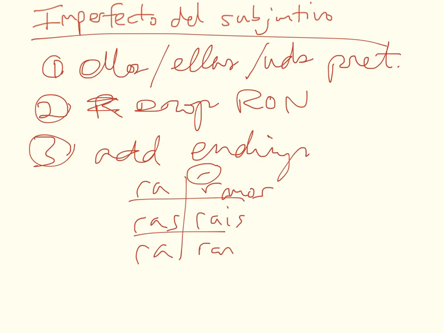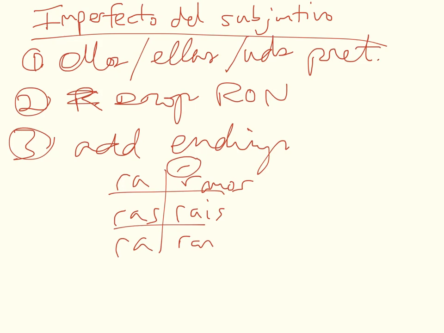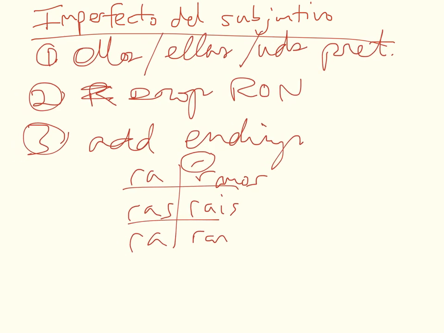Now, if we want to talk about an example, let's see. If I were is one that we oftentimes talk about. Now, if I were to eat, right? So, comer would be the verb.